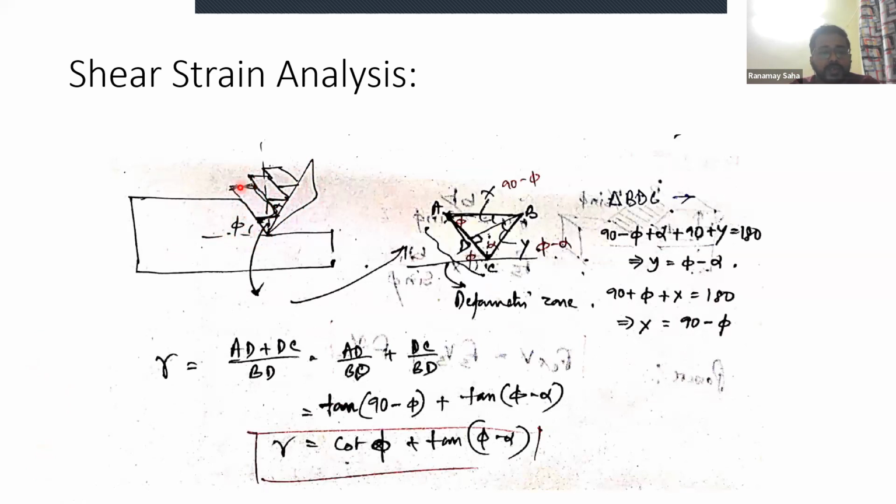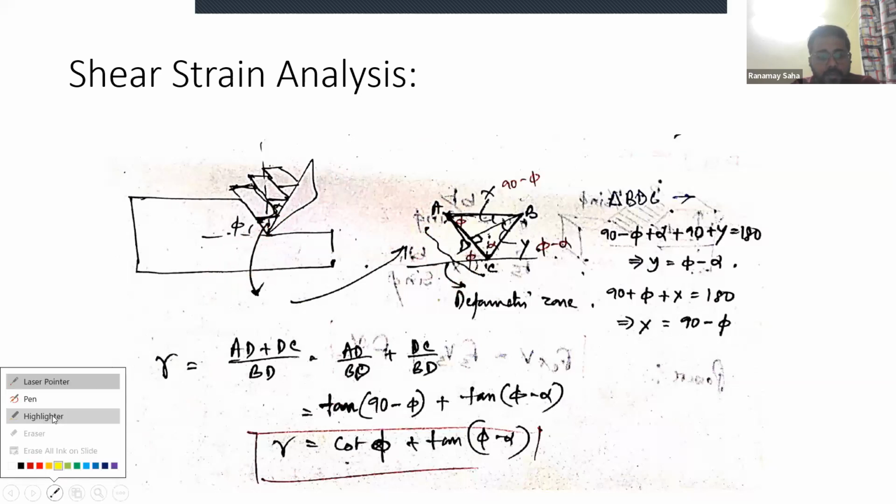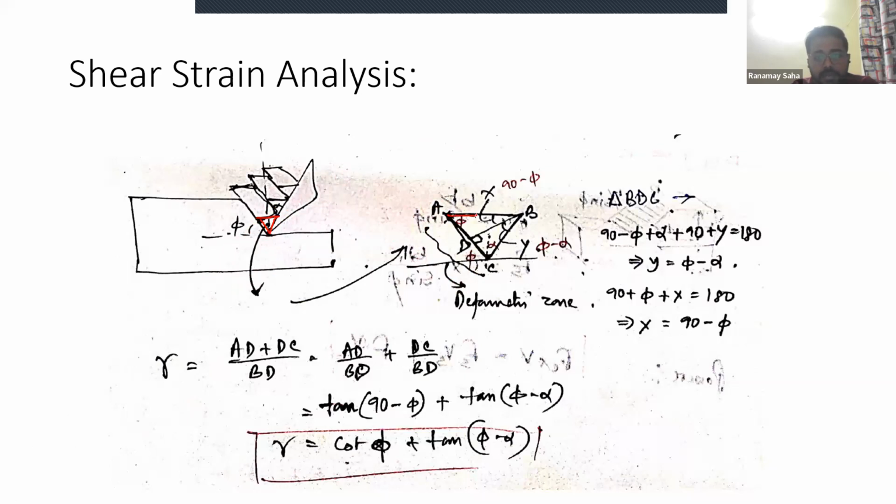So we take chips in this rectangular form to make some prediction about the shear strain experienced by the upcoming chips. And for that, just consider this particular triangle that is formed between the chip, the tool and the shear plane, and take it out here.